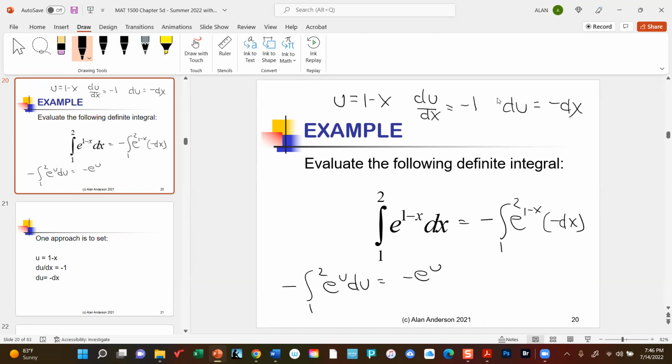Now, because this is a definite integral, we are not going to need a constant. But what we do need is to evaluate it between 1 and 2. And remember how that works. Let's move this to the next slide.